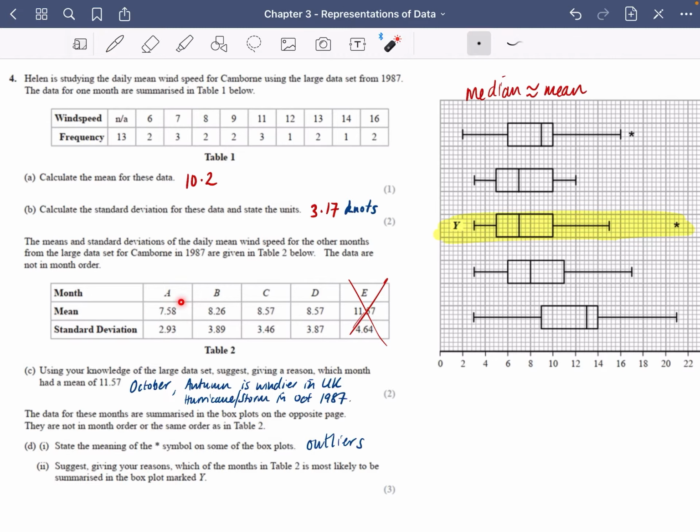Y also has a larger range than other box plots.